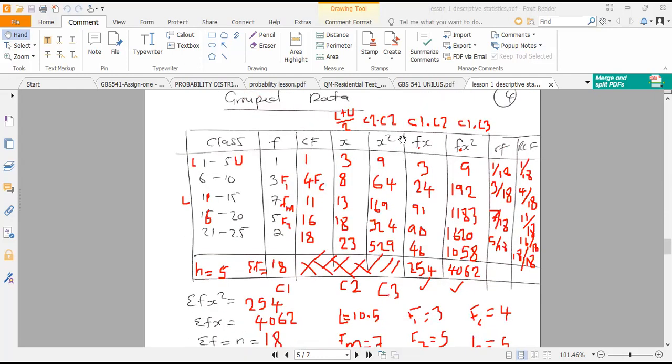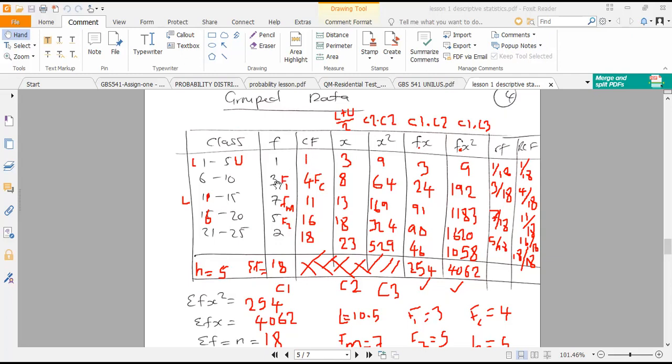Okay, so I told you that when we are dealing with grouped data, information will be classified. You'll be given classes 1 to 5, 6 to 10, 11 to 15, 16 to 20, 21 to 25, and the frequencies here as 1, 3, 7, 5, and 2. Now, the first thing you need to do is to come up with what is called the cumulative frequency. We'll put our 1 here.